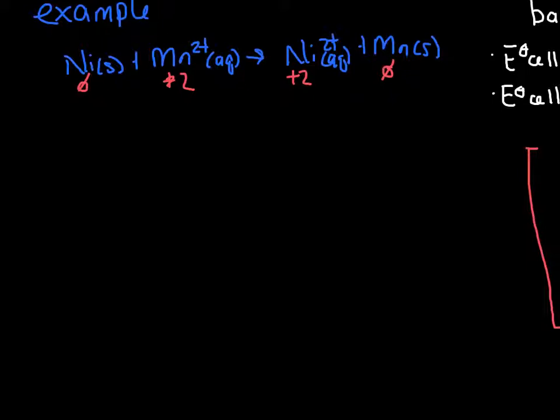So nickel is going from 0 to +2. Therefore, it is being oxidized. So if I go through and I have Ni 2+ plus its 2 electrons makes Ni, I know this one's being oxidized. I can look up its E value in table 14 to be negative 0.23.